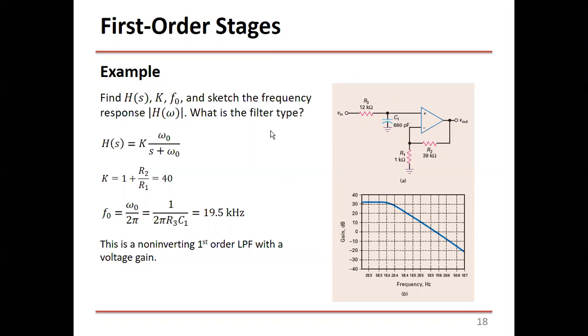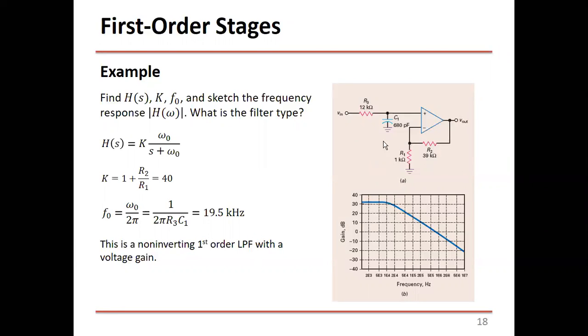So let's analyze. This is an analysis example. We are given the circuit with the components, and we'd like to find the output or the transfer function and the frequency response of it. Okay, so this is a low pass filter, and easily we can find H of S to be K omega naught over S plus omega naught, where K is 1 plus R2 over R1, as we did before.